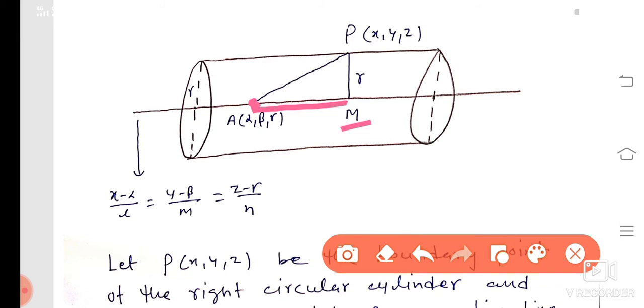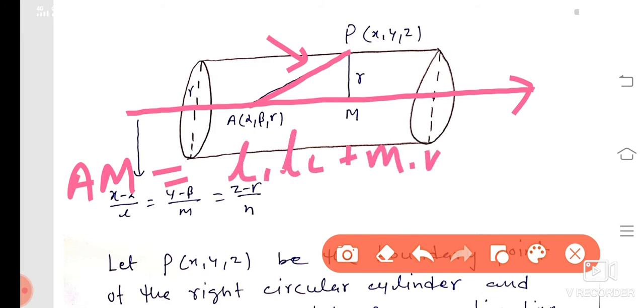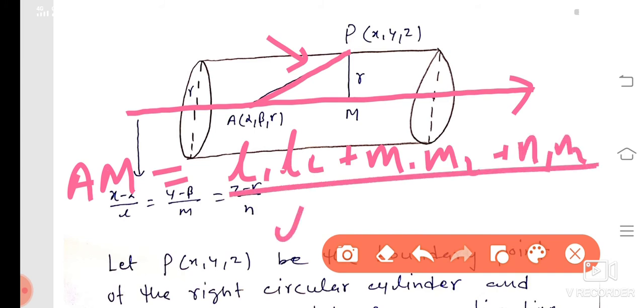We can see that the projection of AP is lying on the axis of the cylinder. Then we can write AM by the projection formula: (L1 L2 plus M1 M2 plus N1 N2) upon the square root of (L1 squared plus M1 squared plus N1 squared), where the projection is going.